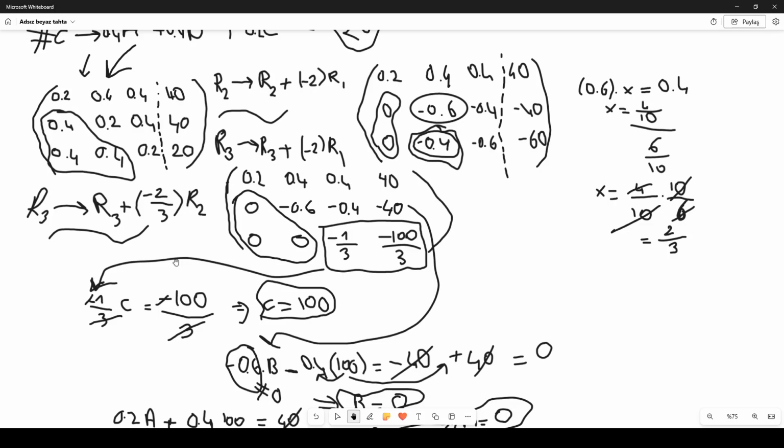I need to multiply by -2/3 because I have 0.6 and I'm looking for the scalar x, so that when I multiply the scalar by 0.6 I get 0.4. Why? Because when I sum these two rows together, the second and the third rows, this -0.4 value should turn into 0.